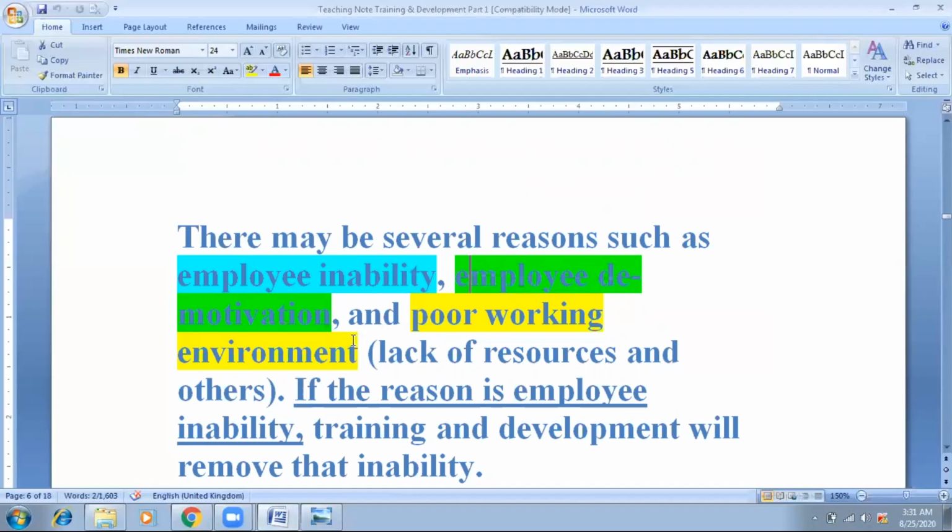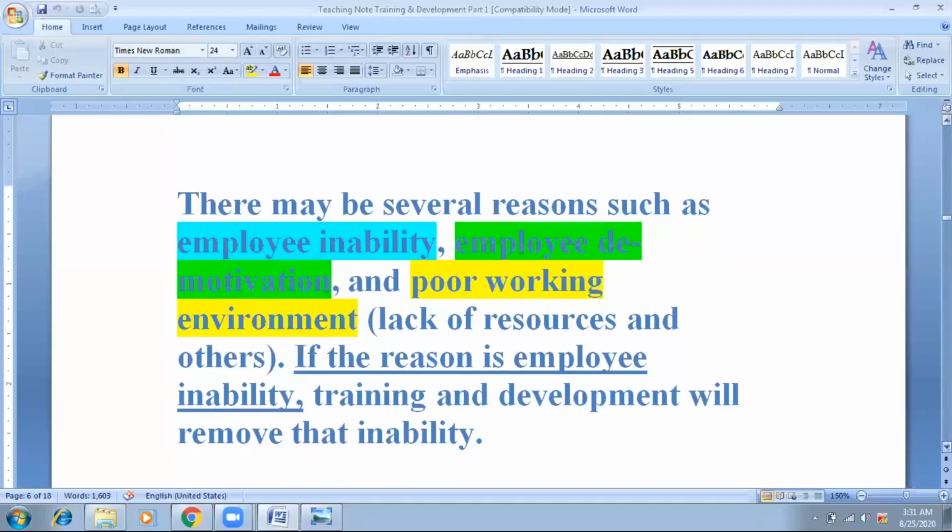Then poor working environment. So assume the employee has the right ability and the right motivation, but if there are no sufficient resources, lack of resources, then it is possible for performance deficiency to occur.